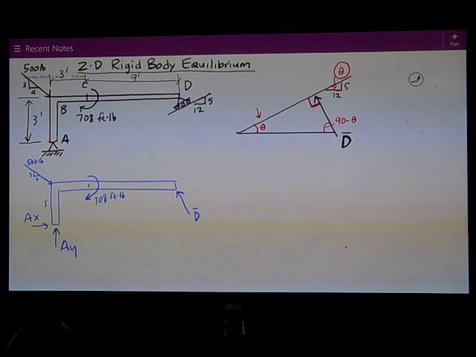If that's 90 minus theta, and I want to now get the slope diagram on the force D, now I form another triangle right here, and I want the slope, the horizontal and the vertical. So I've got a right angle right here, a 90-degree angle in that left corner, that little small red triangle. And if I know that this is 90 minus theta in the right-hand corner, then by the way triangles work, that angle has to be theta.